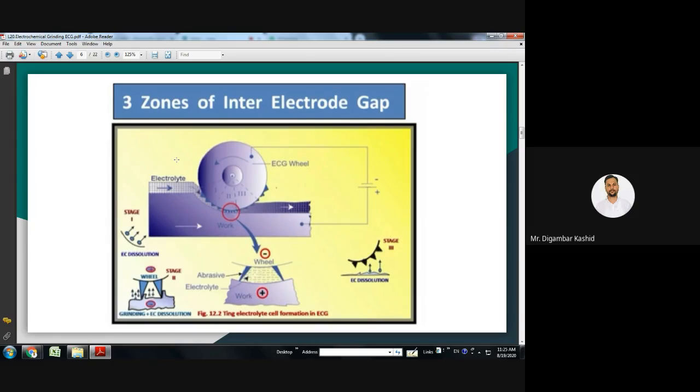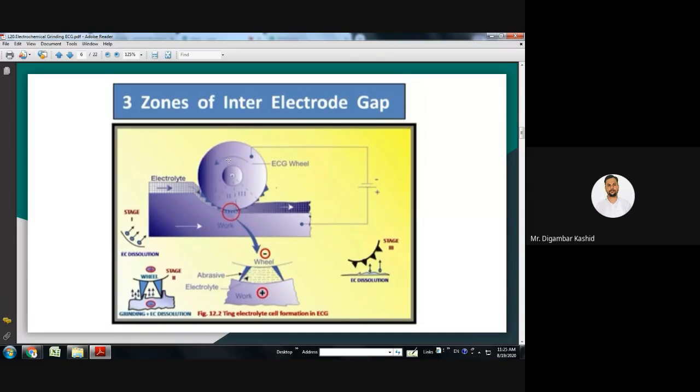Okay, within 1 minute I will just quickly repeat once. In this electrochemical grinding process there is a grinding wheel, that is your cathode, similar to your conventional grinding wheel. Here also our grinding wheel will be there, and that will act as a cathode.